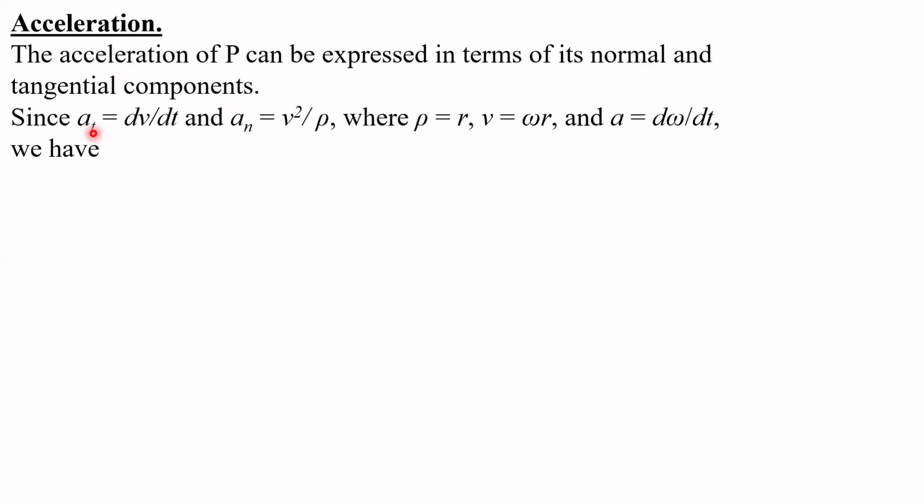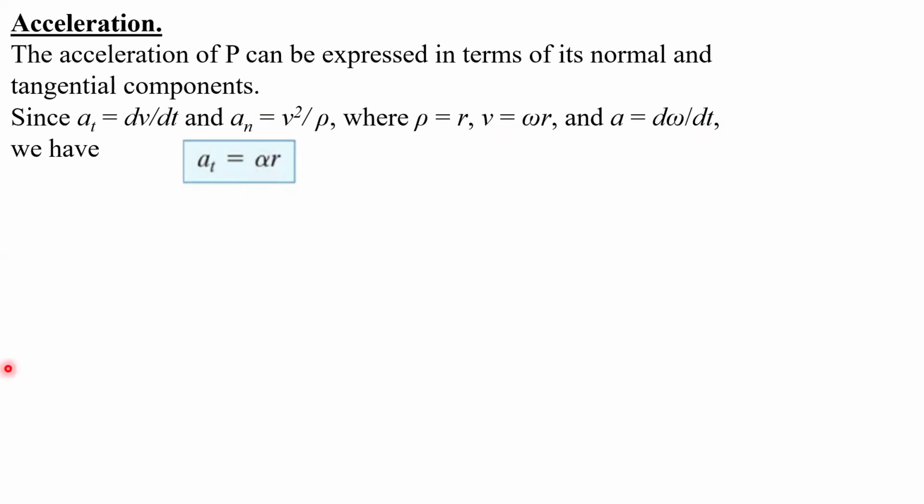The tangential component is AT equals dV dt, while the normal component is V squared over rho. Rho is the radius of curvature, which is equal to R, and V is equal to omega R, and alpha is d omega dt. Then we have that AT is alpha R.